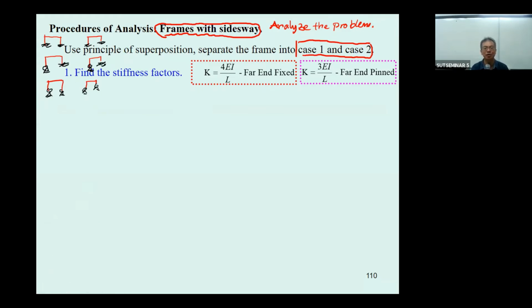Ajahn, can you change the pin to the roller? For this one, I can do more if I prefer, but usually we don't just put this one into the fixed, and this one going to be the roller. This can also be a problem that we can solve, but this kind of problem is going to involve a lot of things.